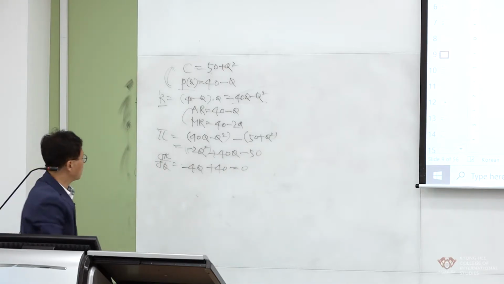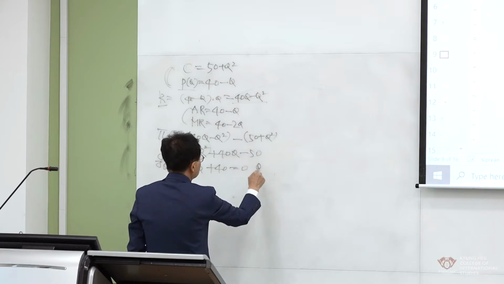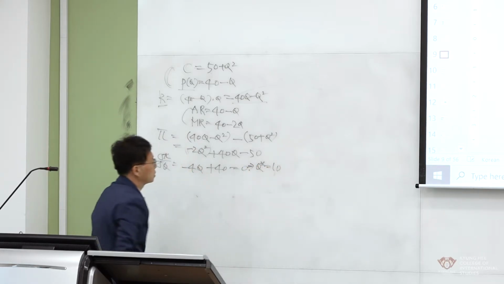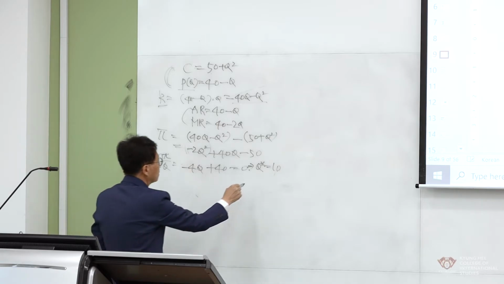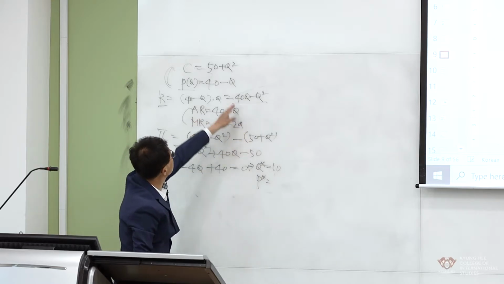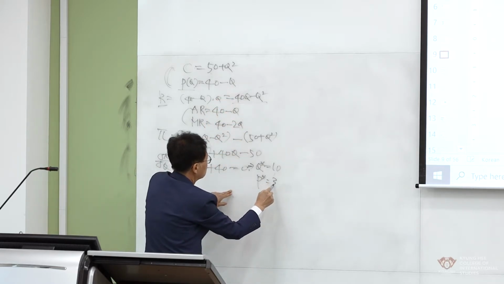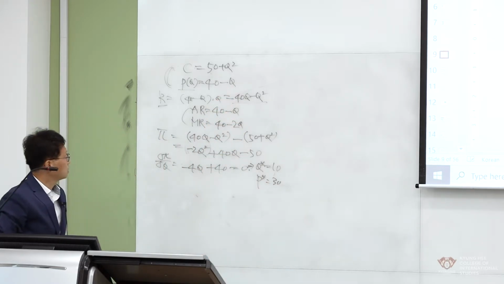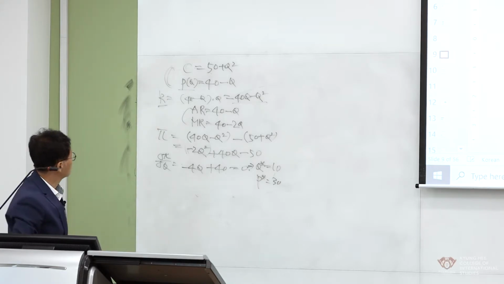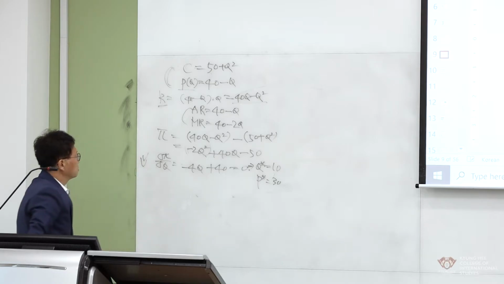Then the profit maximizing quantity should be equal to 10. And then the equilibrium price at Q equal to 10 should be equal to 30. That is profit maximization.